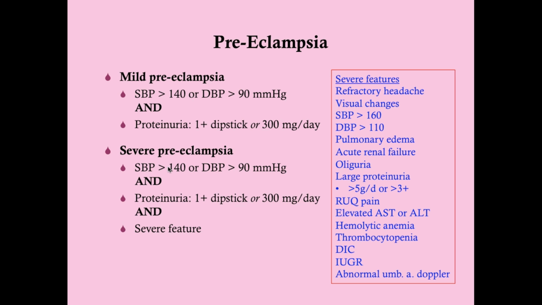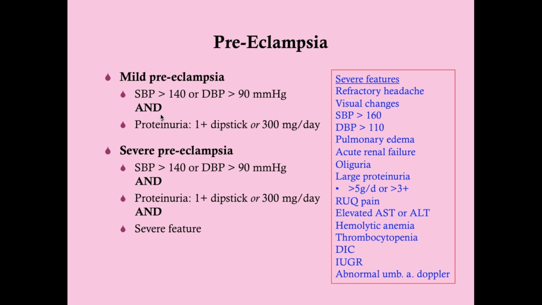Some sources will mislead you and tell you that you have to have a systolic blood pressure over 160 and or a diastolic blood pressure over 110 to have severe preeclampsia. And the fact is you don't. If all you have is visual changes and then you have the 140 or 90 and the proteinuria, it's severe preeclampsia. Okay, so severe preeclampsia does not have a higher threshold for blood pressure.